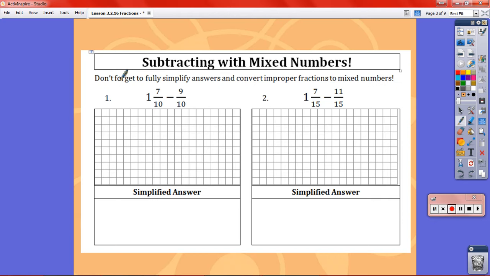So, to get 100% credit, an answer needs to be fully simplified and there can't be any improper fractions. So, let's look at an example. 1 and 7/10 minus 9/10. So if I drew that as a picture, I have one whole, which is 10 pieces.